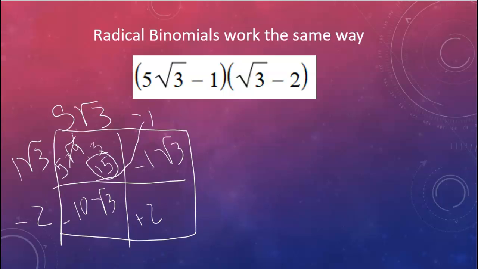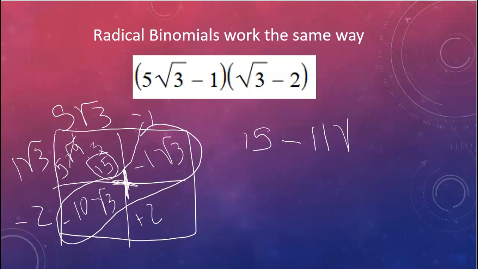Now we still have these that have the same, they're like terms, right? They're both a multiplication problem involving a square root of 3, so we'll add them together. And now we have 15. Negative 10 minus 1 is minus 11 square root of 3, and then we got 2. 15 and 2 are both numbers.